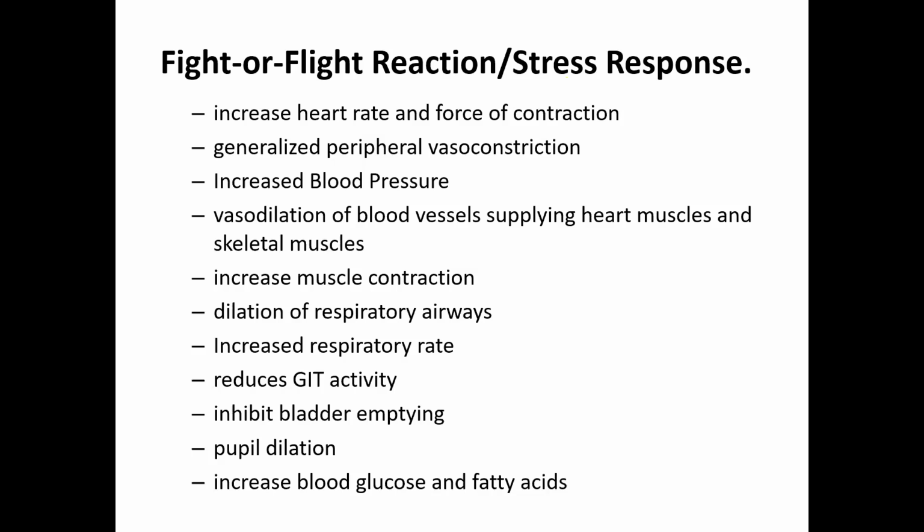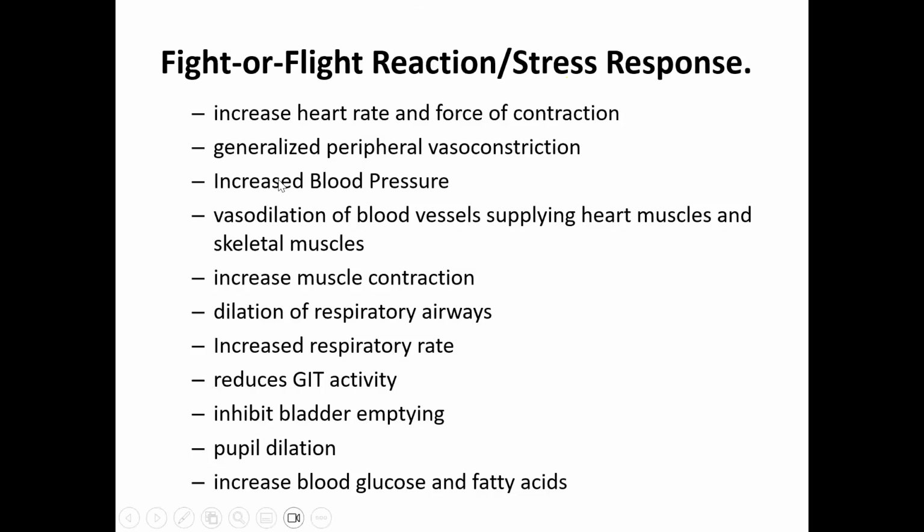They will become narrow. The only exception is the blood vessels supplying your heart or your skeletal muscles. Except these two types, rest of all the blood vessels will undergo vasoconstriction.